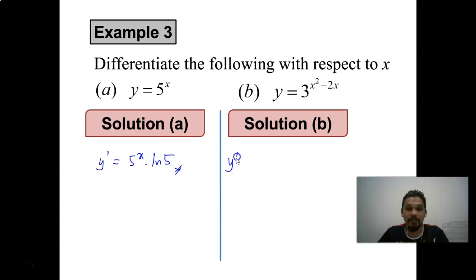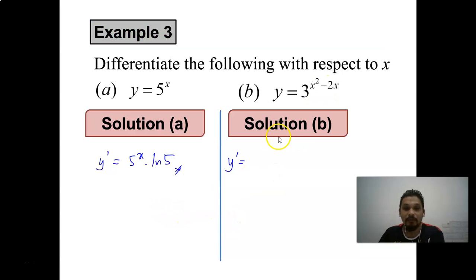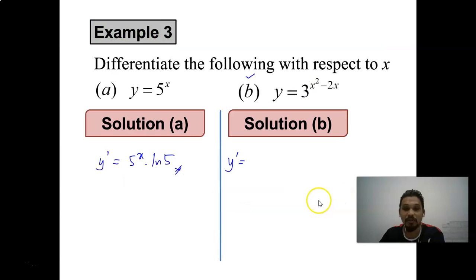And for this one here now, what about this? Differentiate a to the power of f(x). So let's take a look at this one here now. For example b, we refer to this one here now, f prime x multiplied with a to the power of f(x) natural log of a.